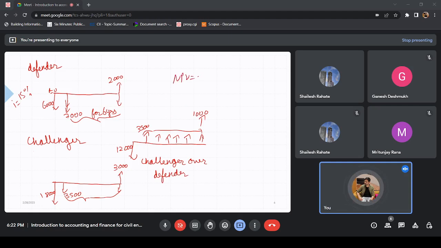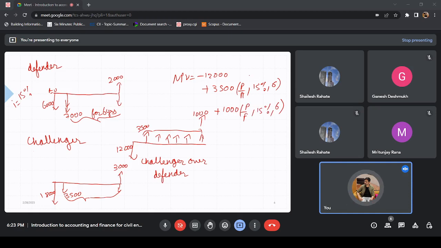What would be NPV? Minus 12,000 plus 3,500 (P given A, i is 15%, and N is 6) plus 1,000 (P given F, i is 15%, and N is 6).